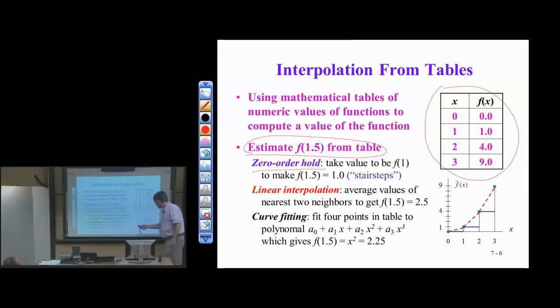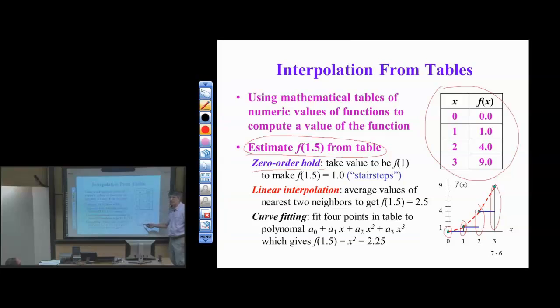or visually is, again, I have x on the horizontal axis, f of x on the vertical axis. I have the points that I know from the table, again, shown as a stem plot. And then I have 2 different linear system ways to connect the dots. One is hold, sample and hold. That's in, I'm going to go with blue. Is that blue? We good? Good. And then connect the dots with a line, linear interpolation.